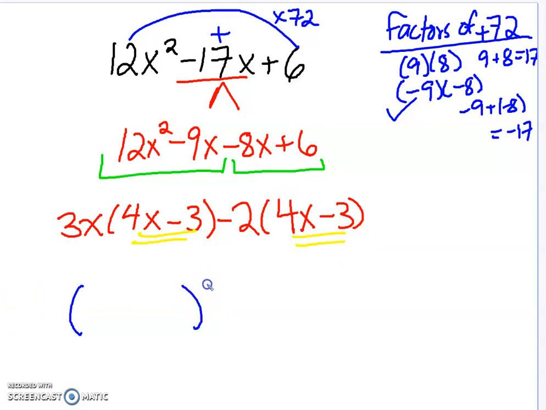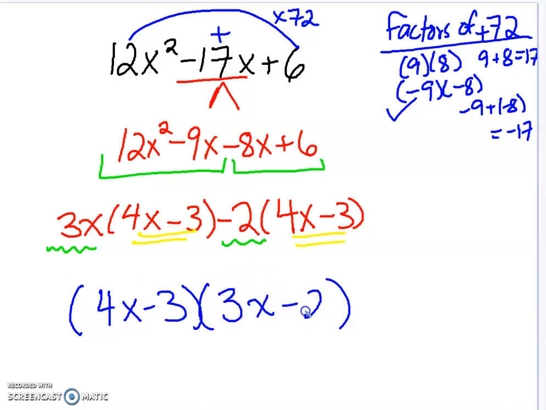So that brings us to our last step, which is saying that the values that we have left over after taking out the greatest common factor, that is one of our factors, and then the other one is going to be the values that are outside the brackets, or the common factors, and that forms the other factor. So 4x minus 3 times 3x minus 2 are the factors of 12x squared minus 17x plus 6.